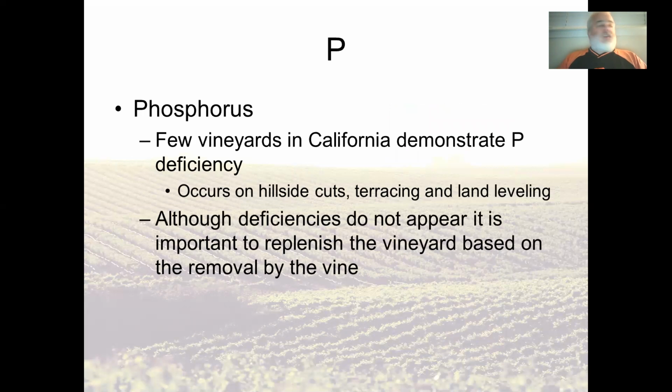The next one on the list is phosphorus. Few vineyards in California have phosphorus deficiencies, but in certain situations like hillside cuts, where you have an unusual soil profile on a terraced hillside, or when you've done land leveling and you've totally rearranged the vineyard's topography, you might end up with some soils and portions of the root zone that are phosphorus or phosphate deficient.